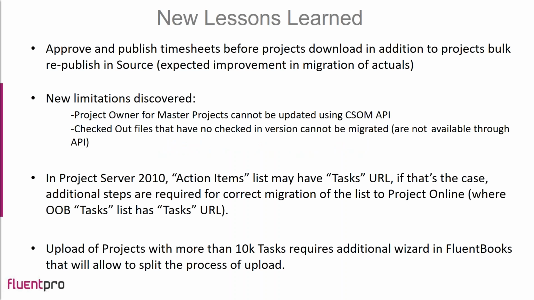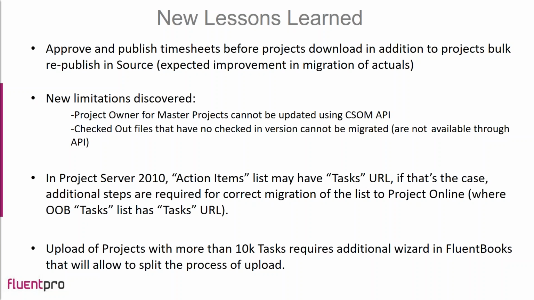Among those, first of all, approving and publishing timesheets before you start the migration, before you start downloading projects from your source PWA, in addition to republishing these projects before downloading them, helps to improve the data integrity in migrated projects, and specifically the migration of actuals. And for a bulk republish of projects in the source PWA, FluentBooks can also be used. There is a specific wizard developed for these purposes.